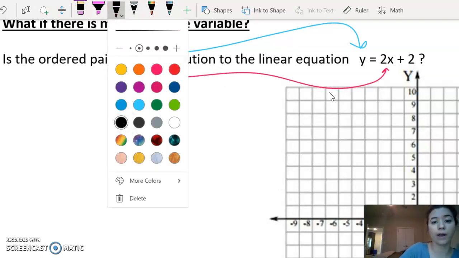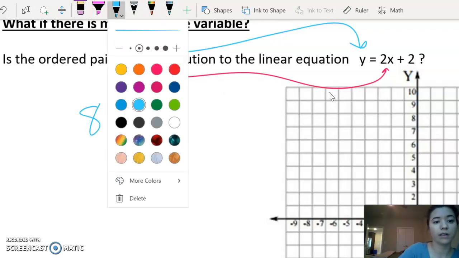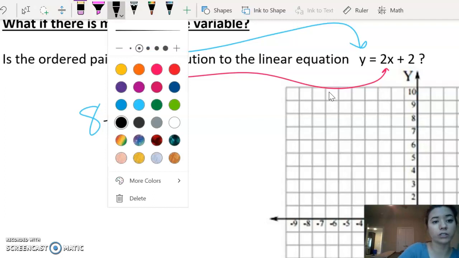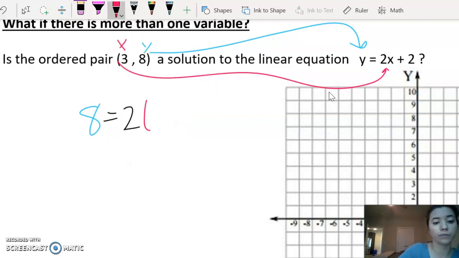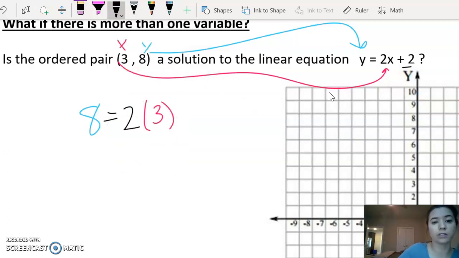Now when I rewrite this, we get 8 equals 2 times 3, plus 2 on the end.